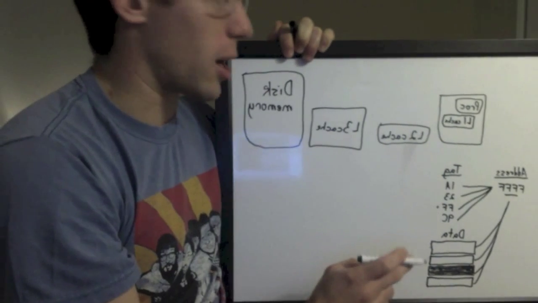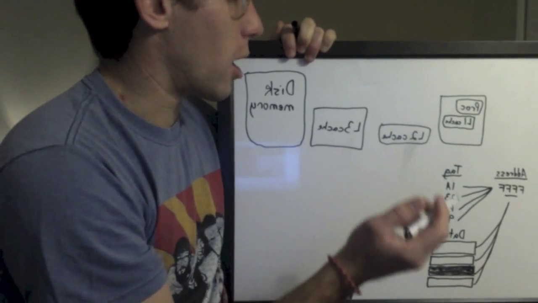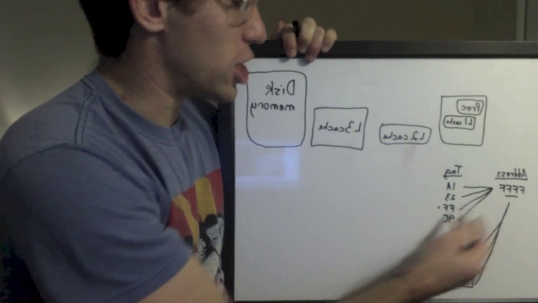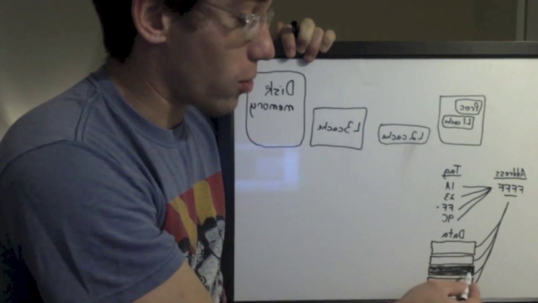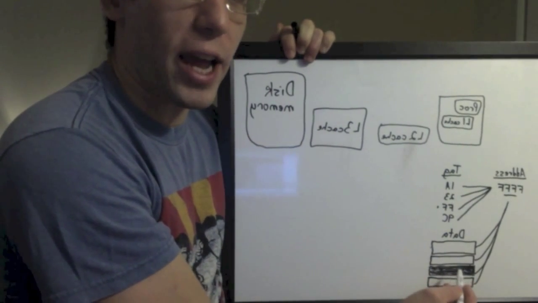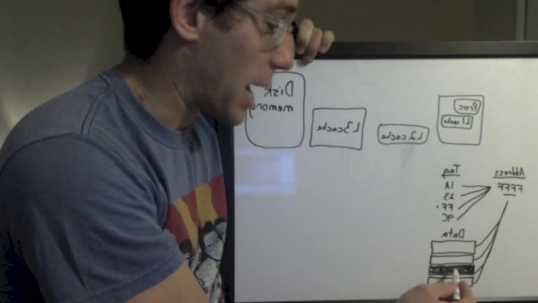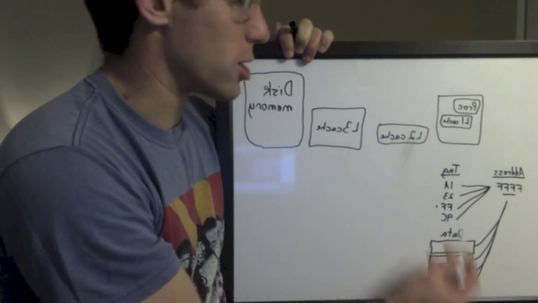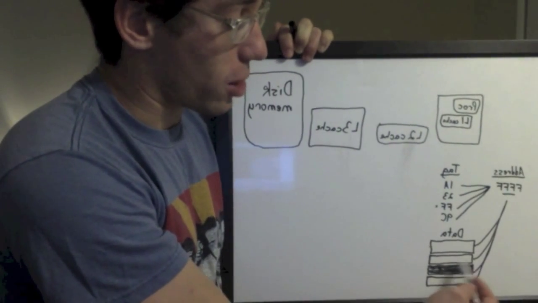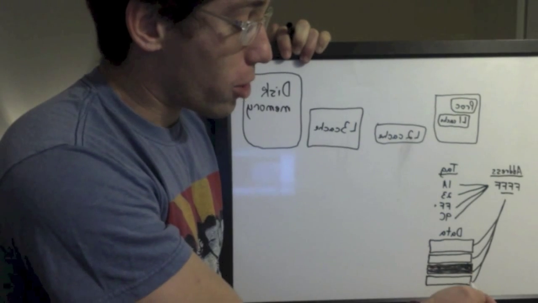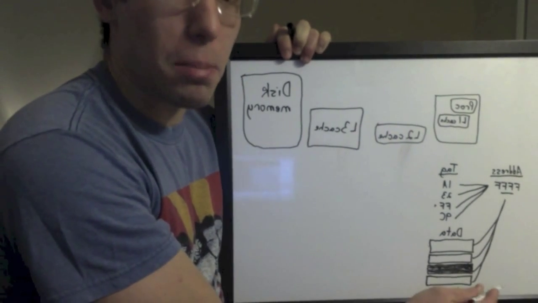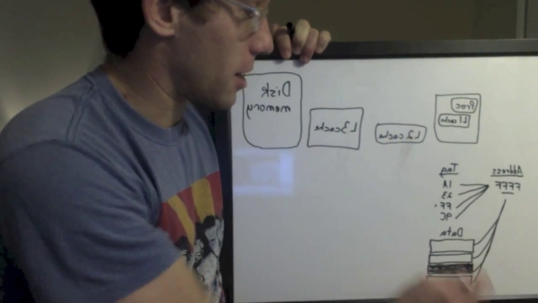Another way to do it, to save energy, would be to check the tag first, then only probe the corresponding way if we have a tag match. So that saves energy because we don't have to probe the other ways that the data may be sitting in.